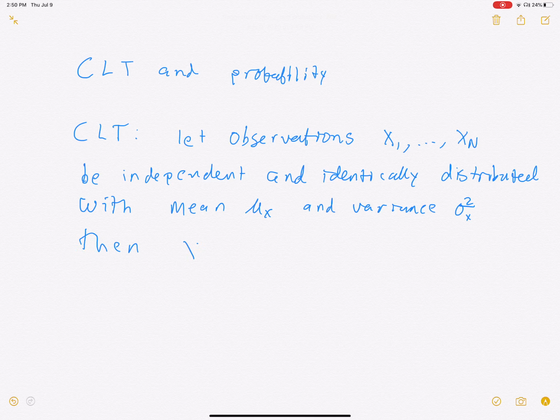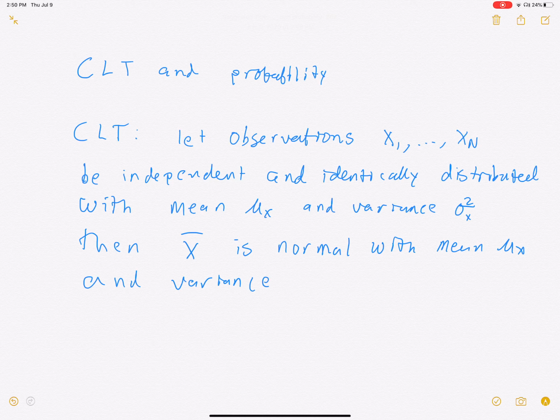Then the average x bar is normal with mean mu sub x and variance sigma squared of x over n. Okay, so keep the central limit theorem in mind.